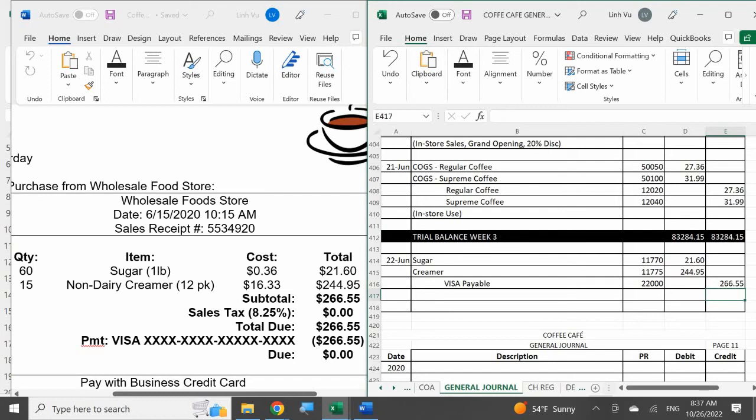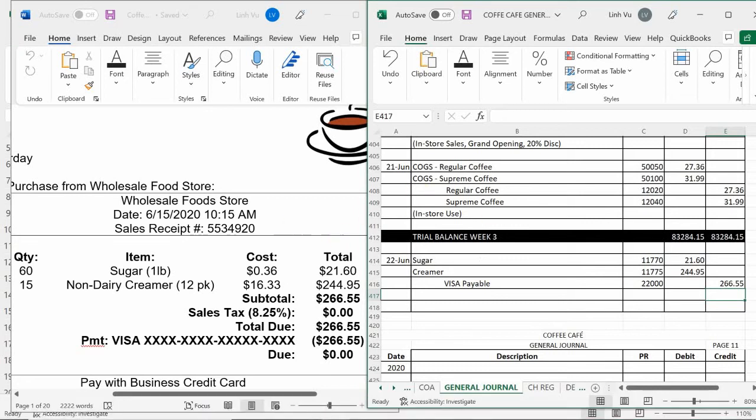That's 266.55. For your notation, you're going to put purchase from wholesale foods, and the sales receipt number would be 5534920.